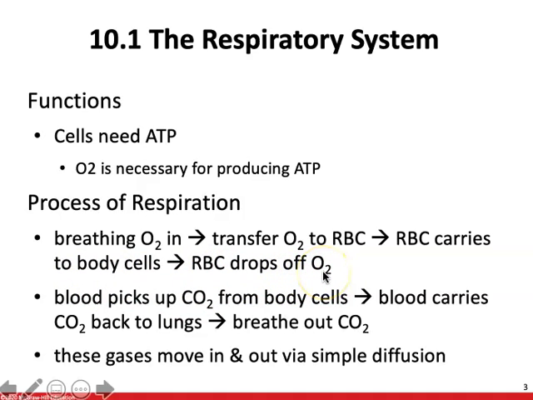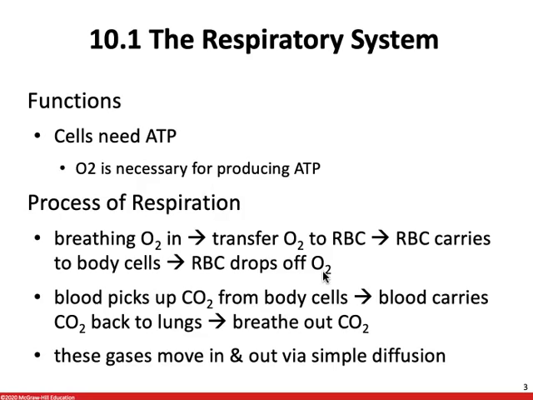That oxygen is then used to produce ATP through the burning of our glucose molecules, or that process of cellular respiration, breaking those glucose molecules down into carbon dioxide, water, and ATP.